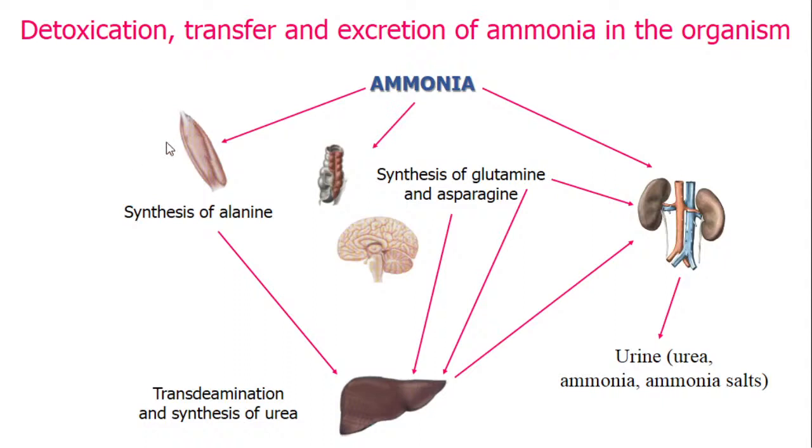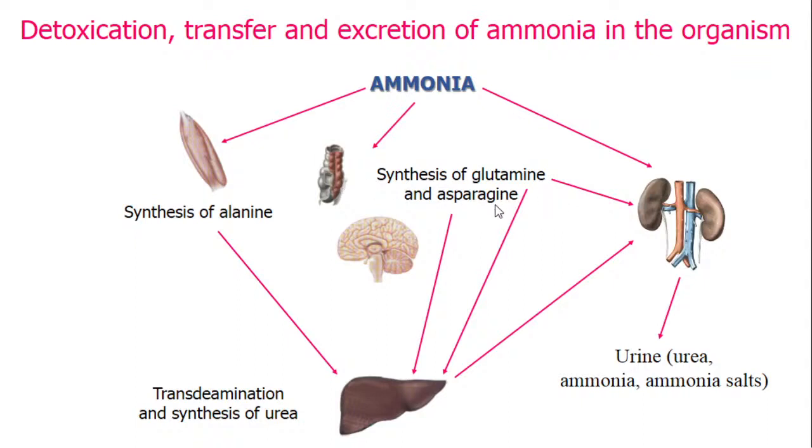In skeletal muscles, the most important pathway is the synthesis of alanine. It's the glucose-alanine cycle that we will look at on the next slide. Then for our brain, this is synthesis of glutamine and asparagine. Glutamine can also be synthesized in our intestinal cells, in enterocytes, and go to the blood.